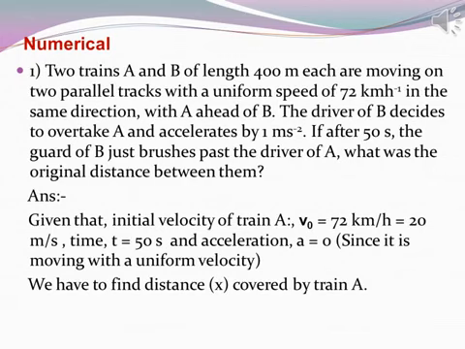Time t is equal to 50 seconds and acceleration a is equal to 0 meter per second square, since it is moving with a uniform velocity. There is no change in velocity per unit time, so acceleration a is equal to 0. We have to find the distance x traveled by the train A.